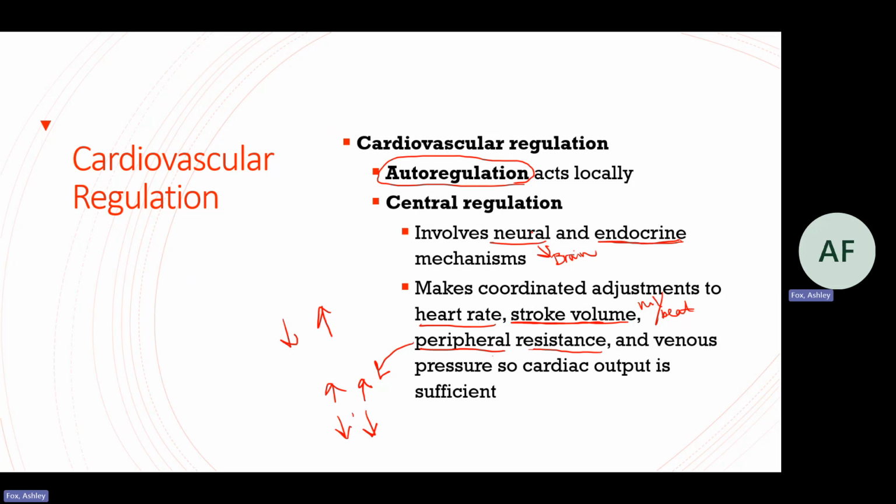That's a way we can regulate flow, because increased pressure can change the flow, and we'll talk about that extensively later. You can also regulate, at least in some ways, the venous pressure, which is dependent on the valves and skeletal muscle. All of these you can adjust to make sure that your cardiac output is enough that it's getting blood to go everywhere that it needs to go.